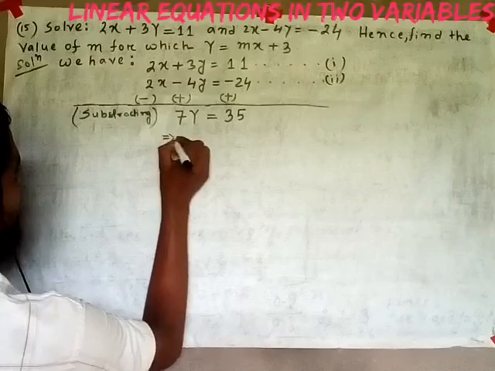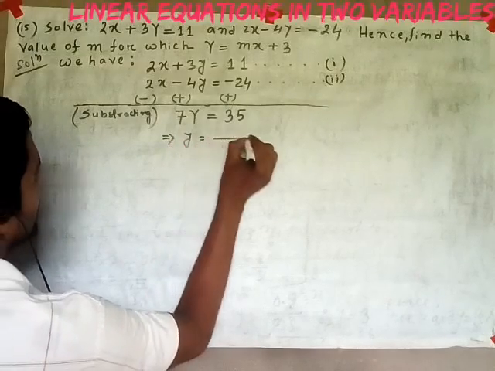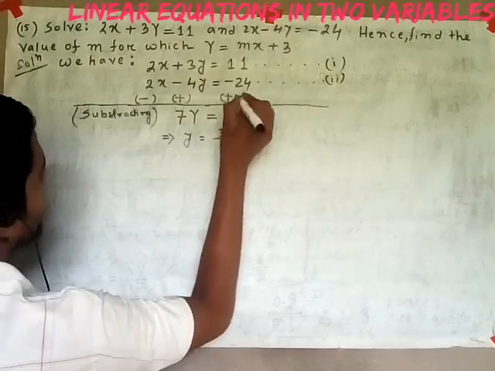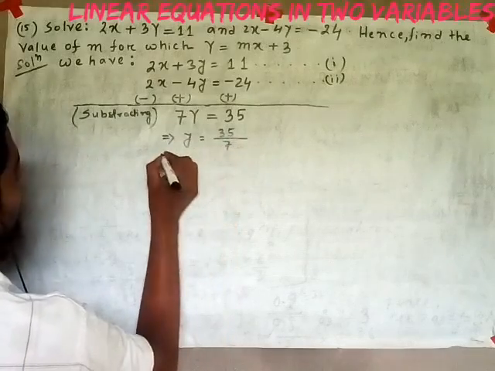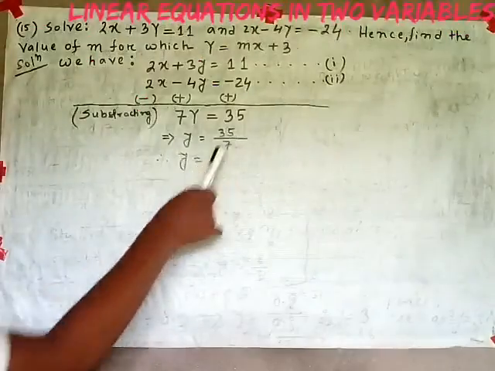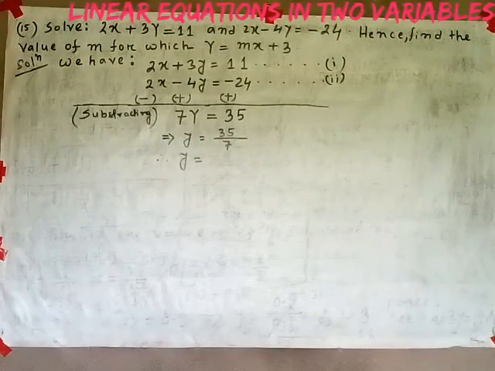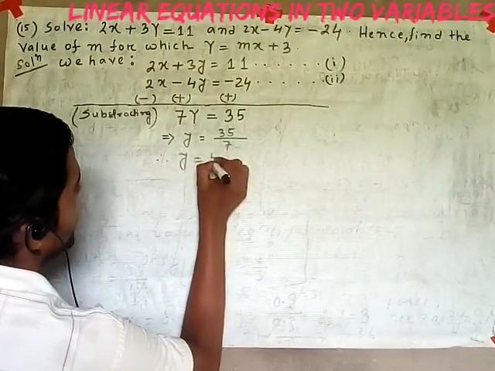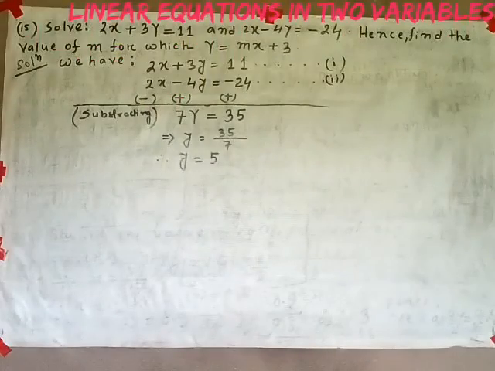Which implies y equal to 35 by 7. Therefore y equal to 35 divided by 7. 7 fives are 35. So y equal to 5.